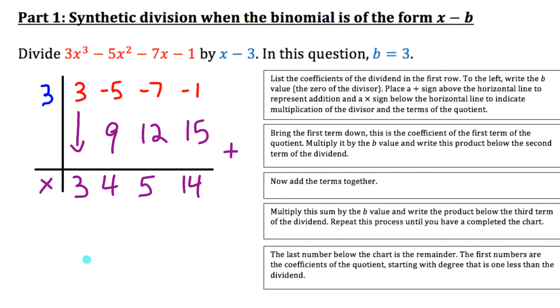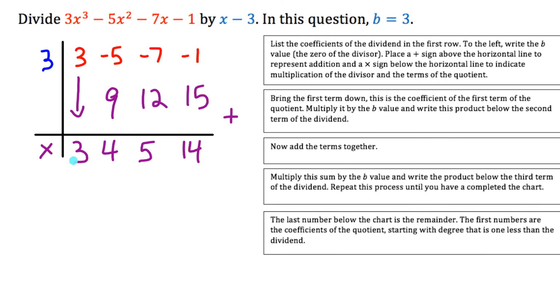Now we just have to accurately interpret the answer. These numbers tell us about the quotient and the remainder. The last number is always going to be the remainder. So this last number, I'm going to write an R beneath it because this is the remainder. And then as I move left through these numbers, it's going to tell me the coefficient of each term in the quotient, in increasing order of degree.